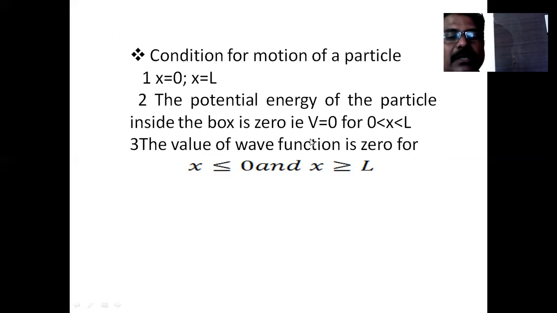And one more thing, the potential energy outside the box is taken to be infinity, whereas the wave function of the particle outside the box is 0. So these are the conditions for the motion of the particles in a one-dimensional box.